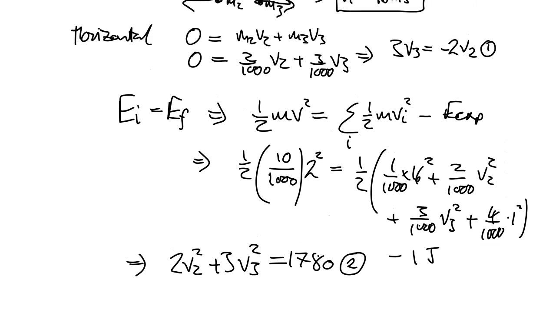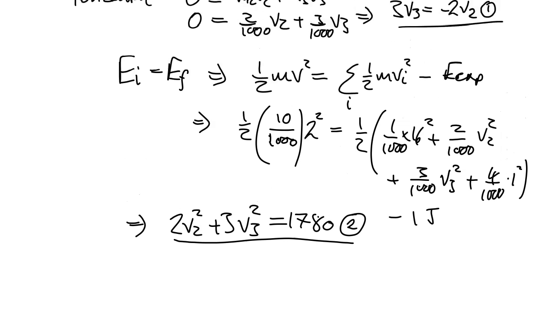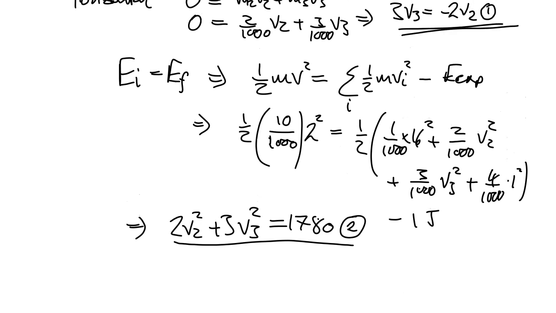So now we basically have 2 equations and 2 unknown variables, v2 and v3. What we can do is solve those equations. Again, I'll leave the algebra up to you. Do practice that.